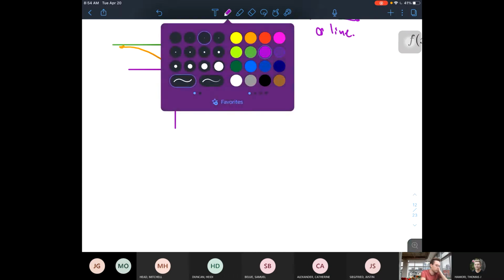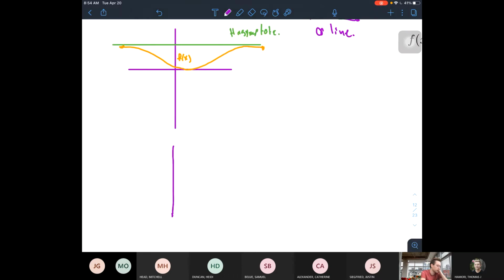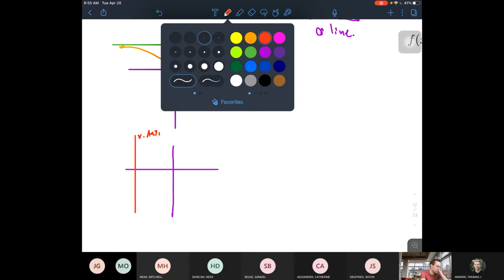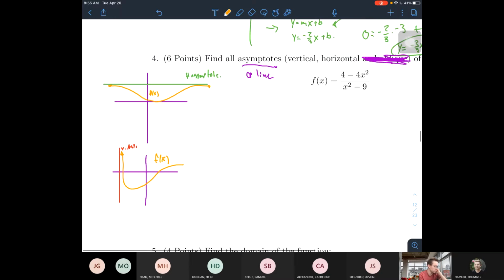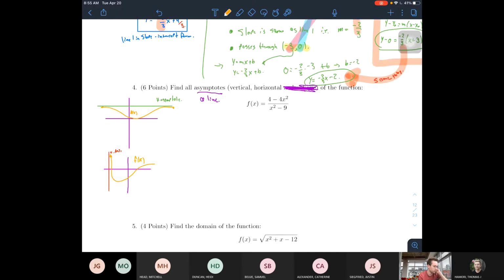And then what does a vertical asymptote look like? Well, same deal, except it's a vertical line. And then the graph of our function f of x looks maybe something like this, getting very, very close to, but never touching. Okay, so those are the vertical and horizontal asymptotes.